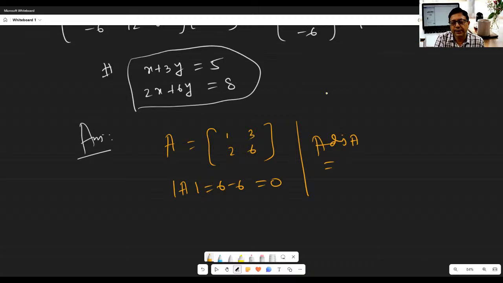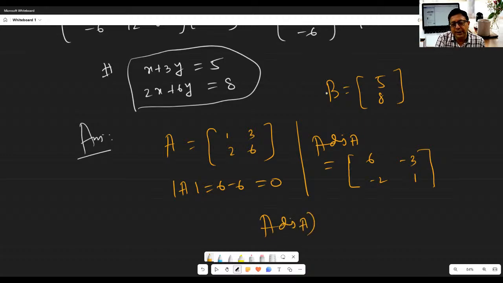Adjoint A is not inverse, just adjoint. Change the side here and change the signs here. Clear? Now B matrix is what? That augmented one is 5, 8.